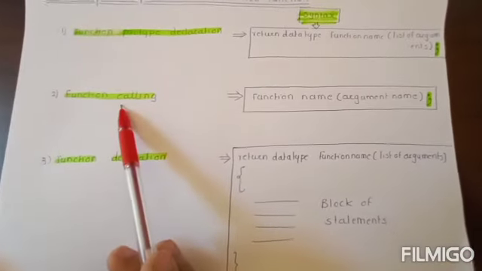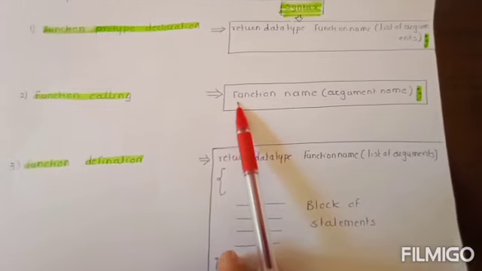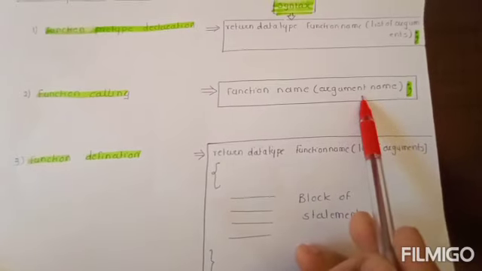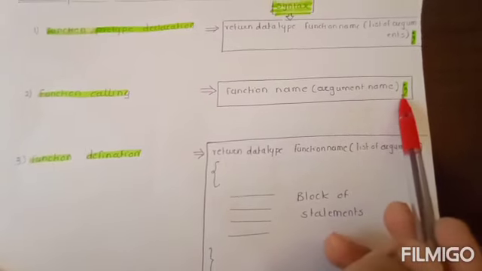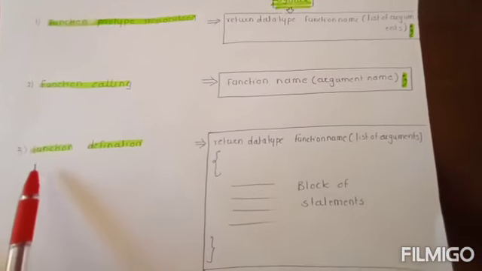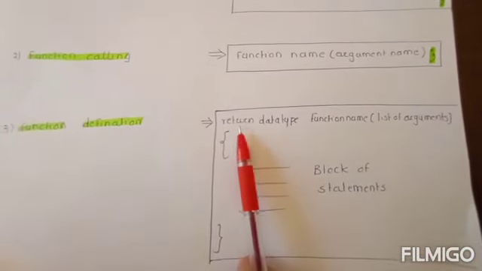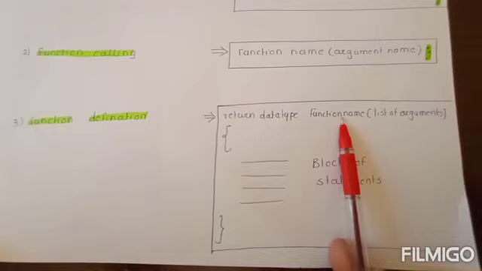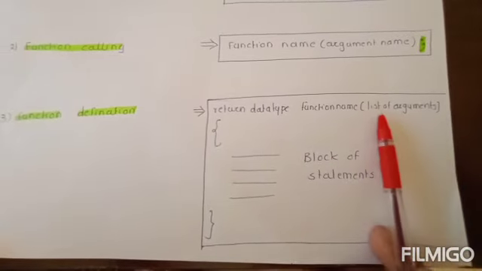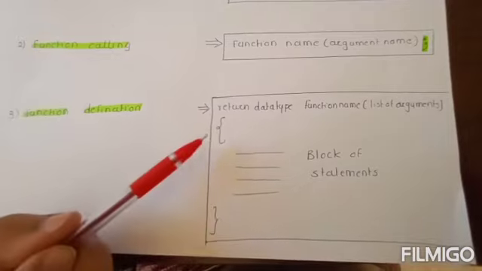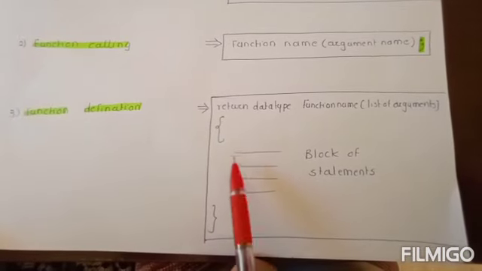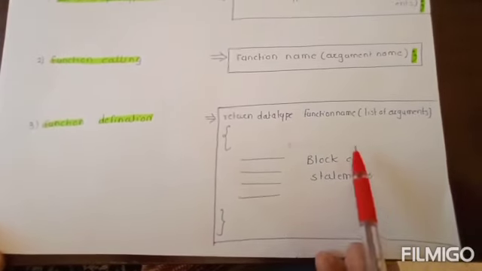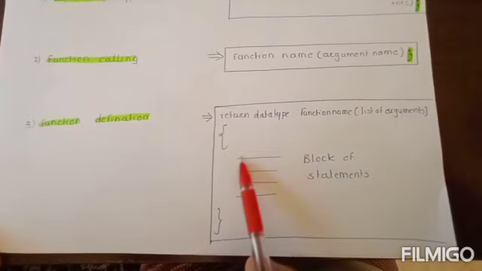In function calling, you have to write your user defined function name, in round brackets the argument names, ending with a semicolon. In function definition, return data type, then user defined function name, in brackets the list of arguments, and in curly braces you write a block of statements, which is nothing but the operation which we want to perform.